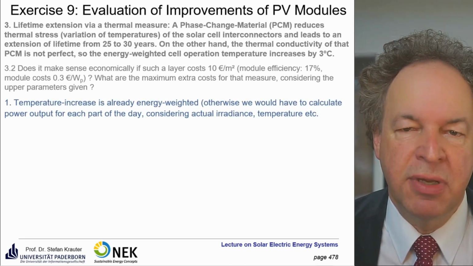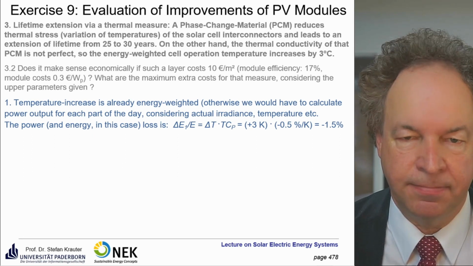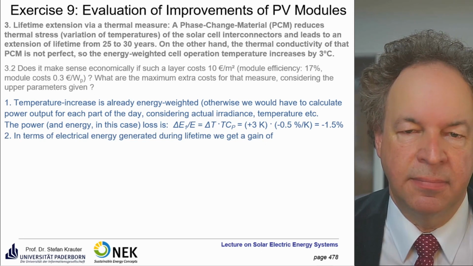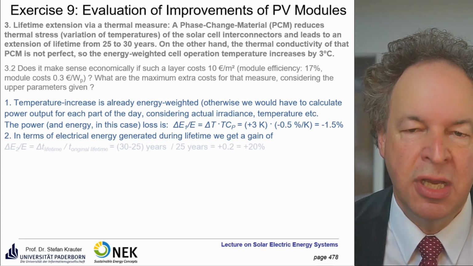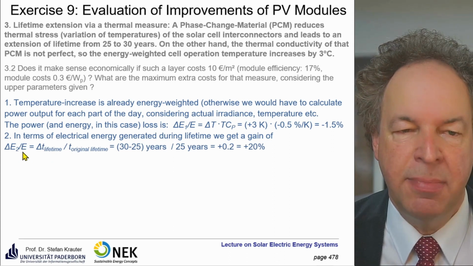So the temperature increase, we have calculated that already. So that's a loss of 1.5% in energy, and while lifetime is 5 years longer, during that time energy is still produced, so we get a relative gain in energy being generated.